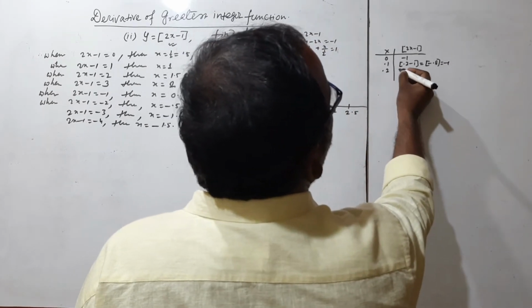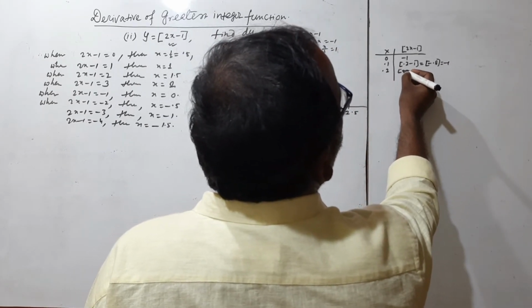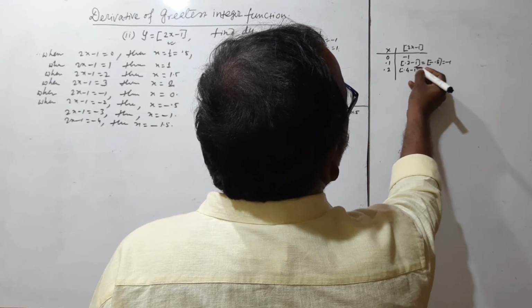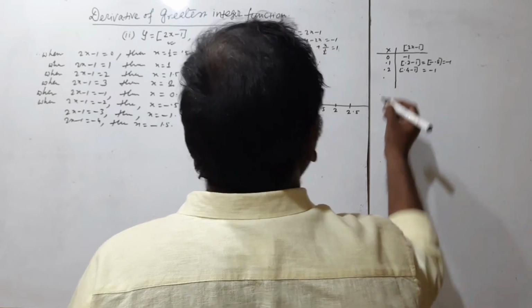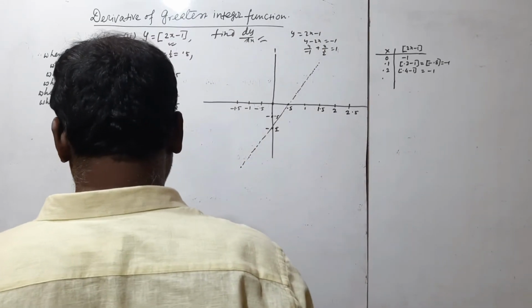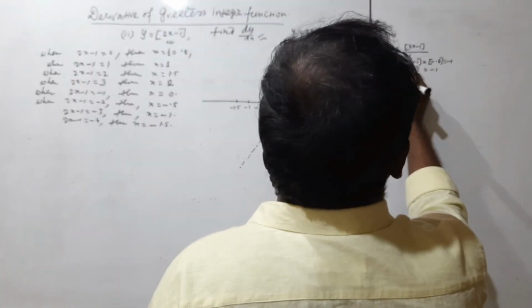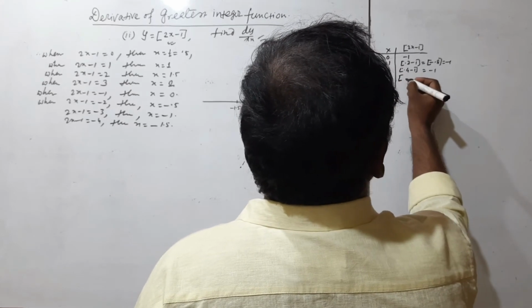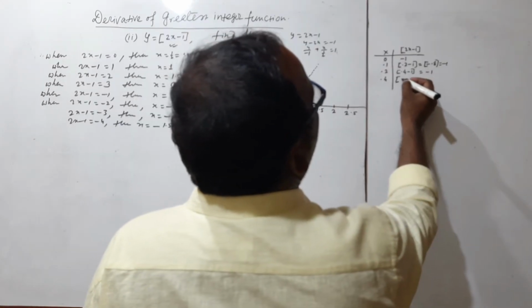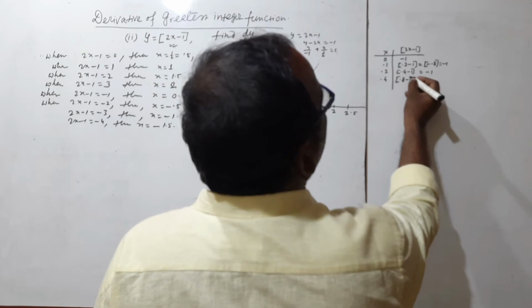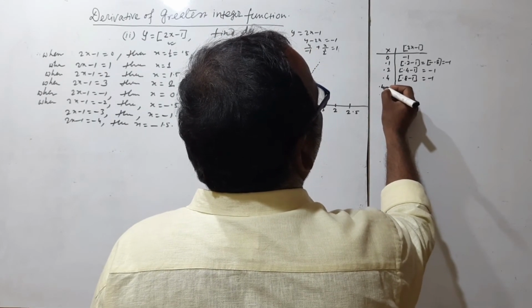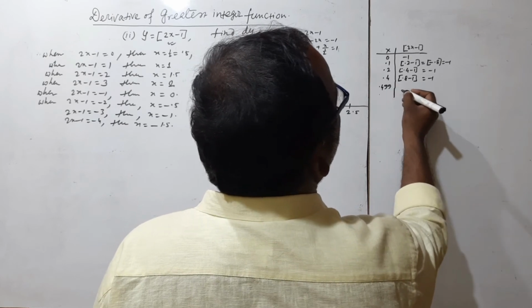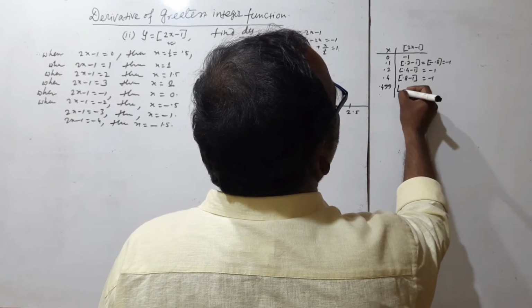If 0.2, then it is 0.4 minus 1, again minus 1, up to 0.5, not exactly 0.5. If we take 0.4, 4 twos are 8, 0.8 minus 1, it is minus 1. If we take 0.499 something, then see what happened here.